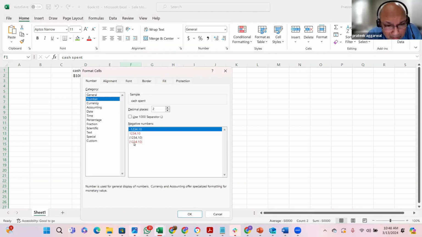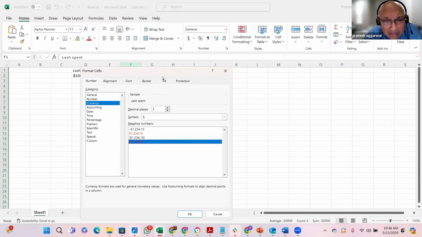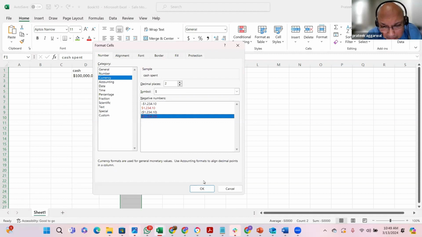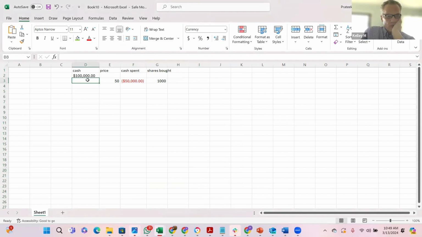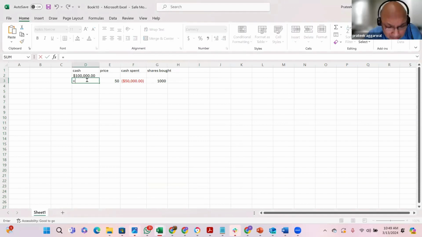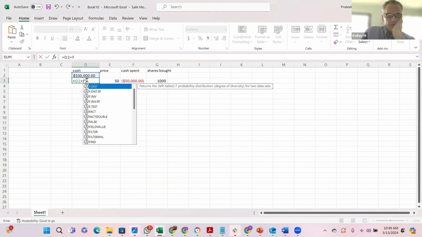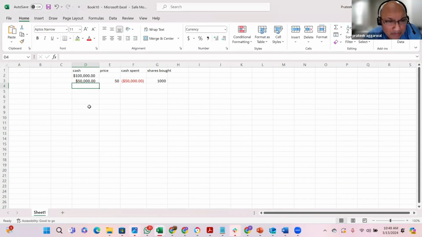So the cash left is going to be equal to D2 minus F3. So I'm left with $50,000.